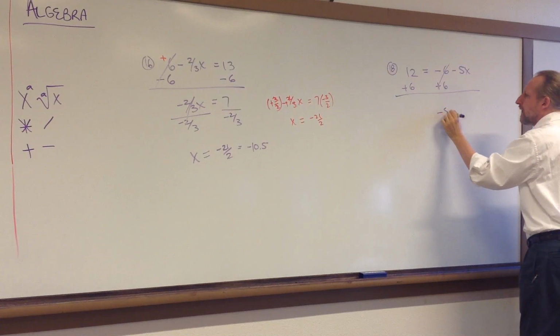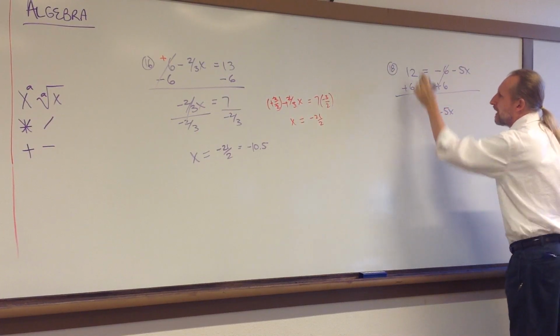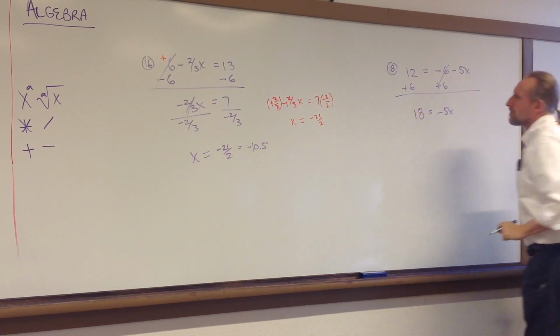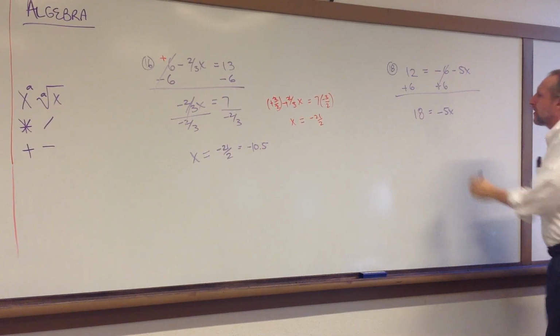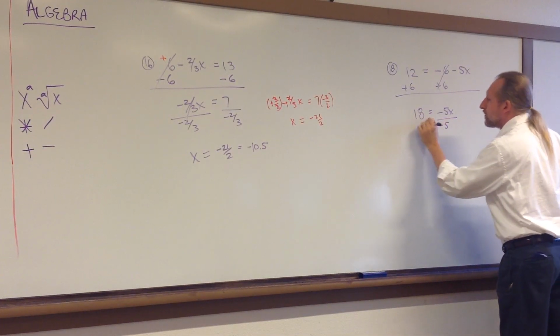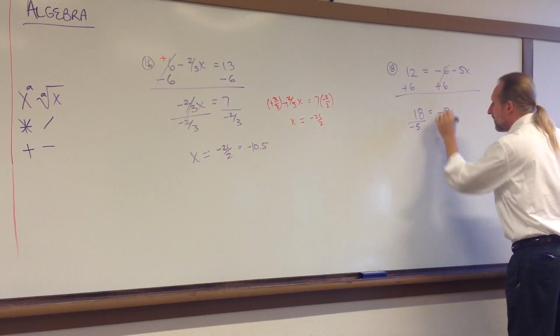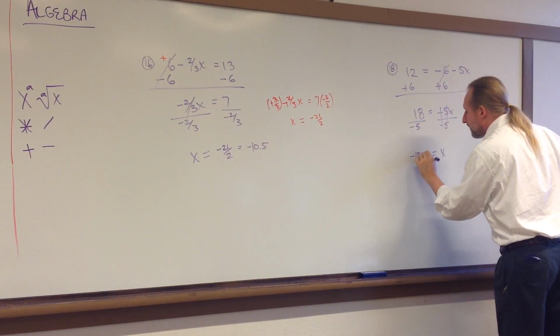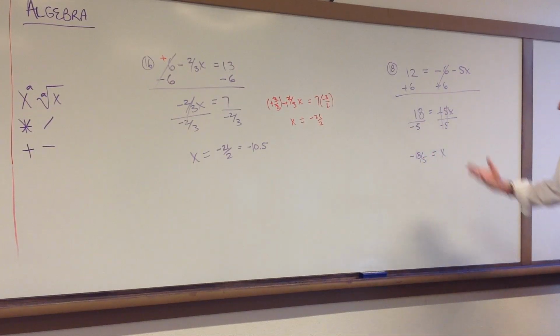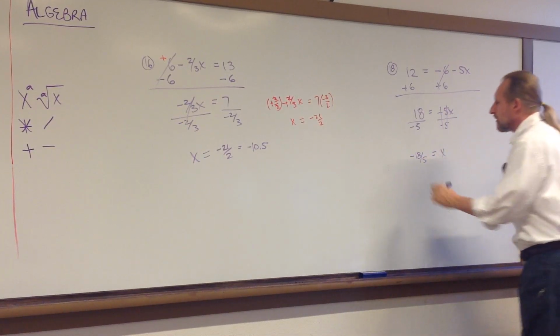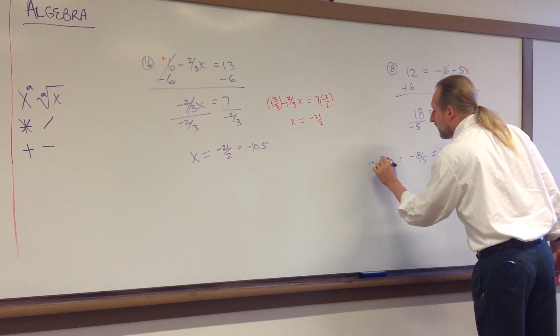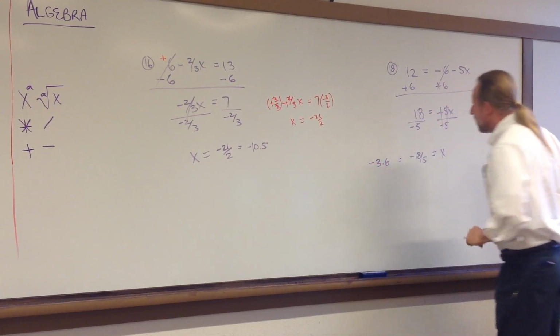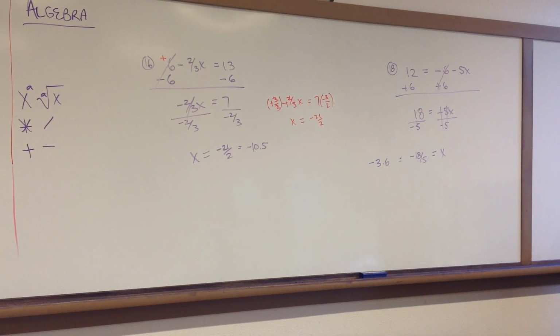So those cancel out. There's our minus 5x. Over here, 18. And then to solve this, we want to divide on both sides by negative 5. That all cancels out. Here, if you want to call it negative 18/5, that's fine. That's a correct answer. It's in lowest terms. If you want to go ahead and divide this through, I think we're going to come out with negative 3.6.